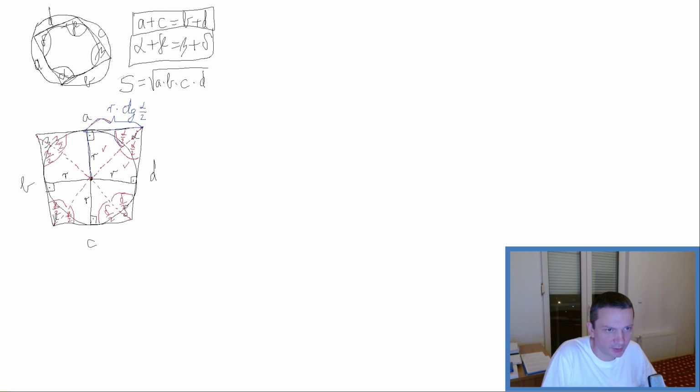Similarly, this one will also be r times cotangent of alpha half, since these are two congruent triangles.